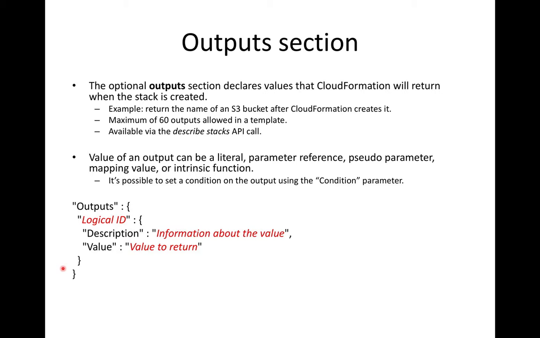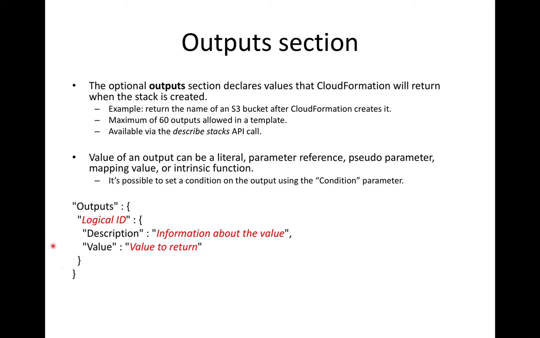The value of an output can be several different things. It could be a literal value. It could be a parameter reference like we just saw a moment ago where we were referencing a parameter. It can be something called a pseudo parameter or an intrinsic function, which we'll talk about in a bit.